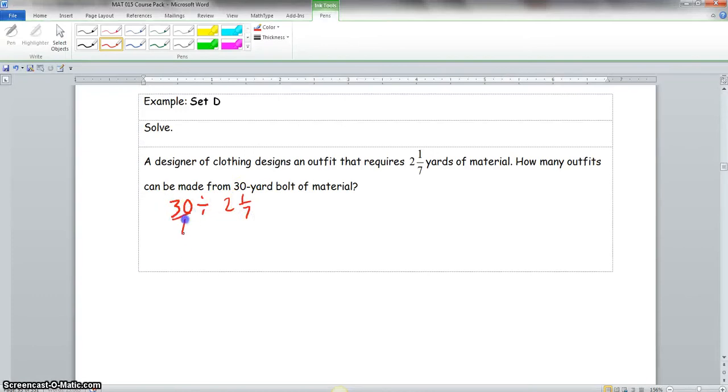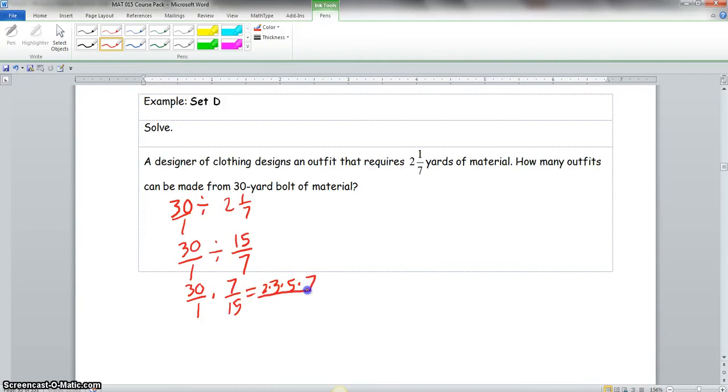So now we'll put 30 over 1, and we need to change this mixed number to an improper fraction. So it'd be 30 over 1 divided by, your denominator would stay 7, your numerator would be 15. So it'd be 30 over 1 times 7 over 15. So we take the prime factorization of 30, which is 2 times 3 times 5.